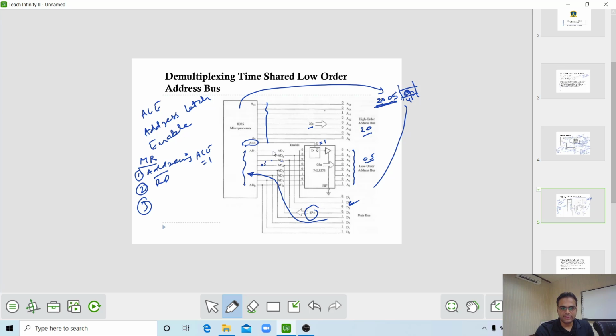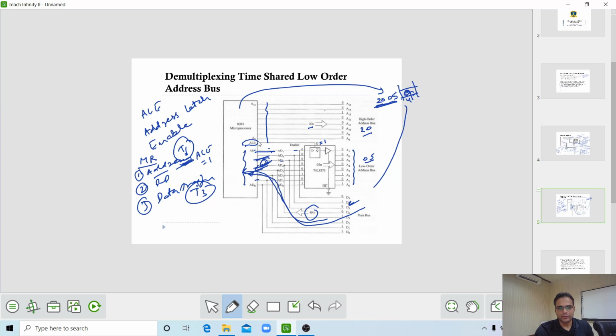You can see here, these are the address lines which we use for addressing in the first step, and in the third step, during the data transfer, we are also using these address lines to transfer the data. So in the T1 time period these lines are used for addressing, and in the T3 time period these lines are used for data transfer.